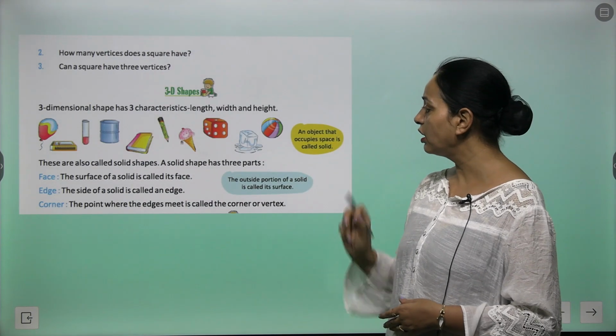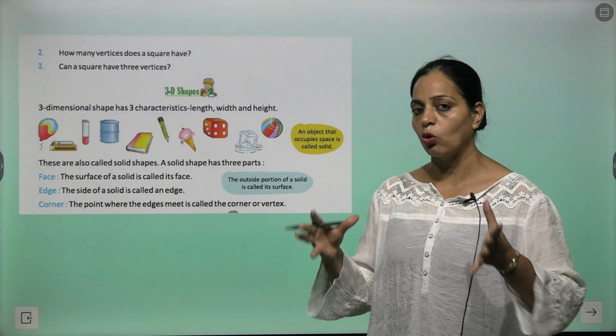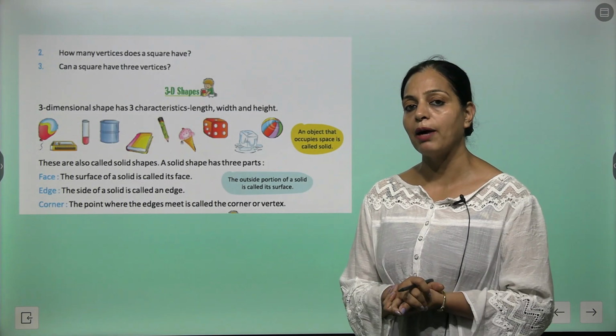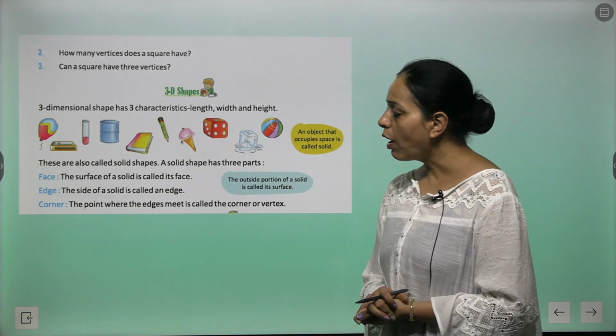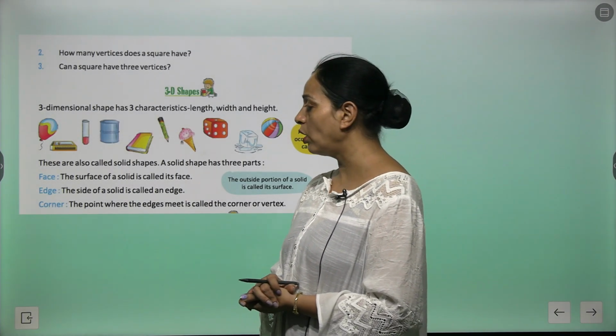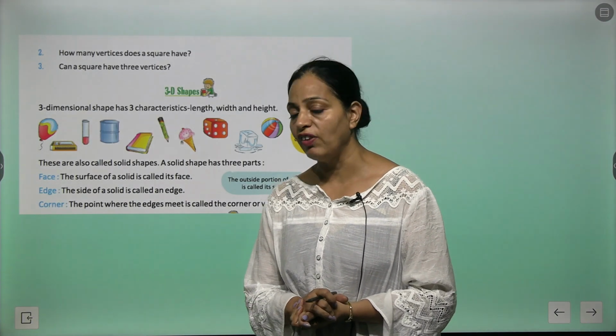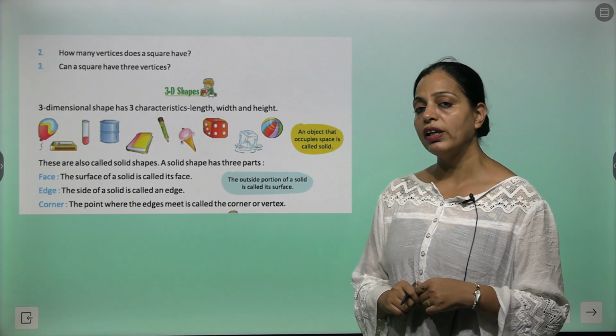Now, an object that occupies space is called solid. जो कुछ space occupy करेगी object, उसको हम क्या बोलेंगे? Solid, right? Now, we are talking about face. Face means the surface of a solid is called its face, right? The outside portion of a solid is called its surface.